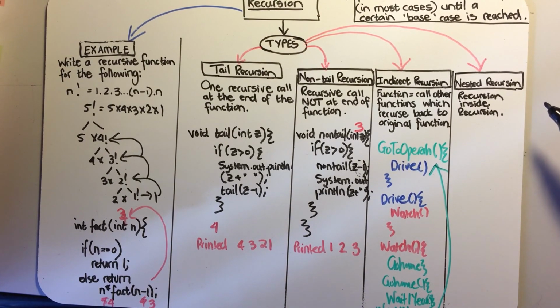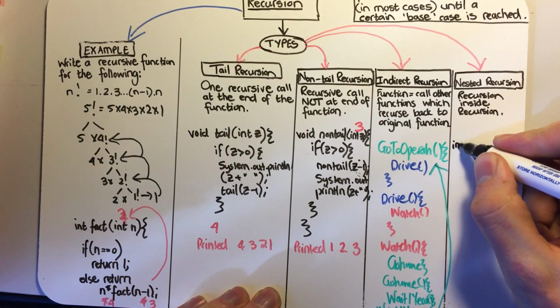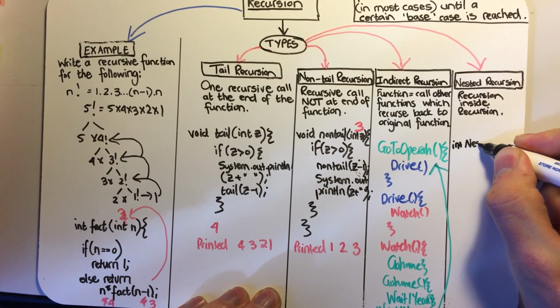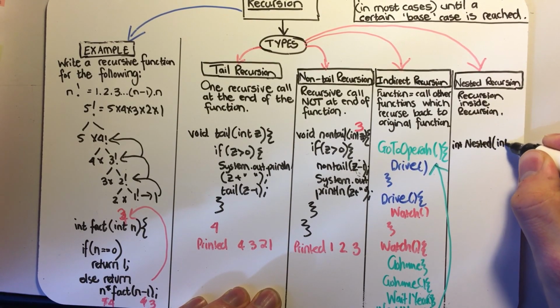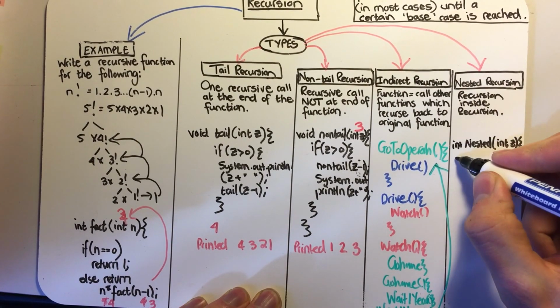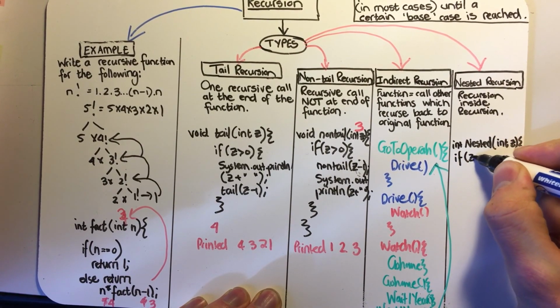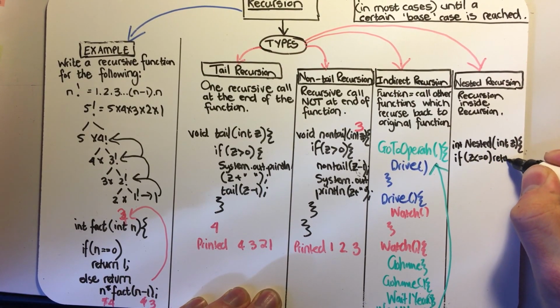Nested recursion. So this is recursion inside recursion. So let's have a look at that. So if I call it int nested int z, so if z is less than or equal to 0, return 0.